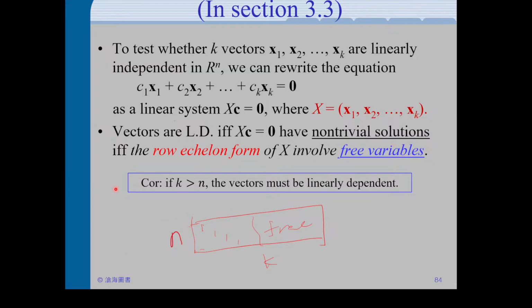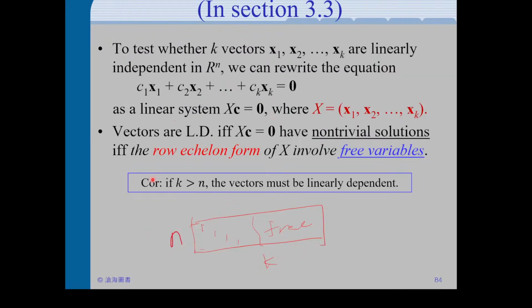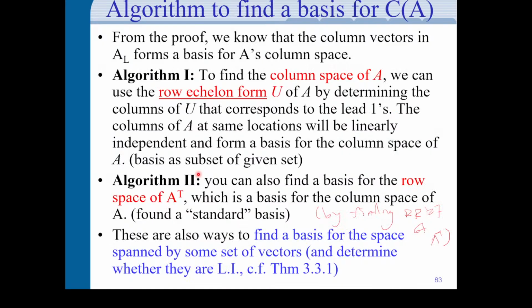And we say if there are free variables, then your vectors are linearly dependent. Okay, and yeah, so this is what we did before. Okay. And yeah, now we know a more general form to do this. We can also find a basis for the column vectors, etc.